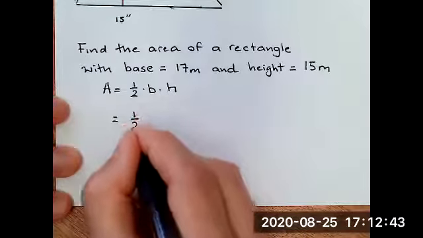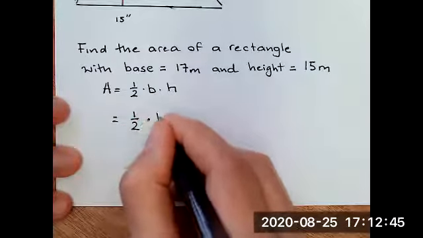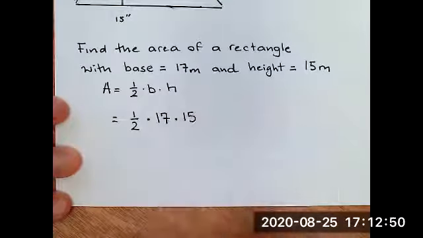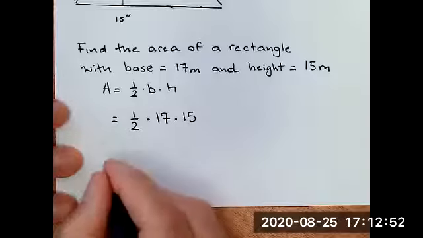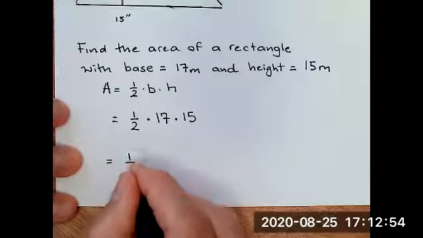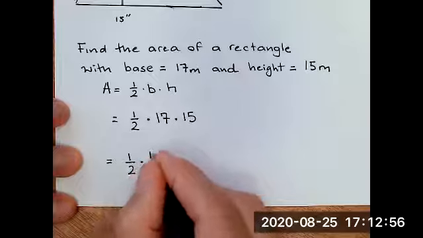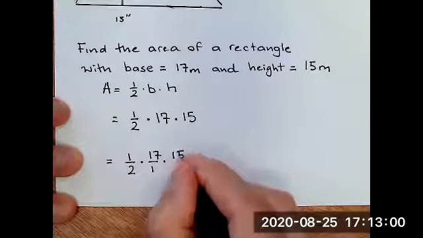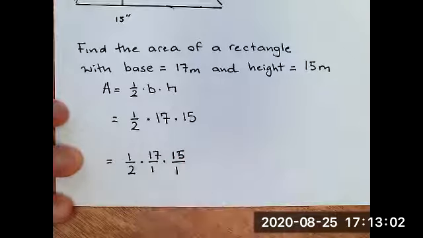That's going to be 1/2 times 17 times 15. That's 1/2 times 17 over 1 times 15 over 1.